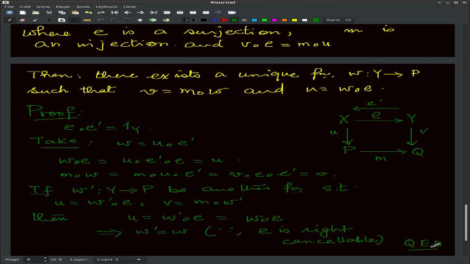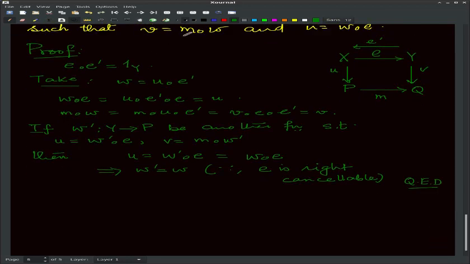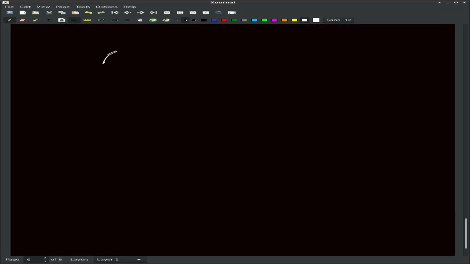Okay. Now how do I use this? Let me show. So what did I say? You started off with your map A to B. I can go to another page. So this was your function.